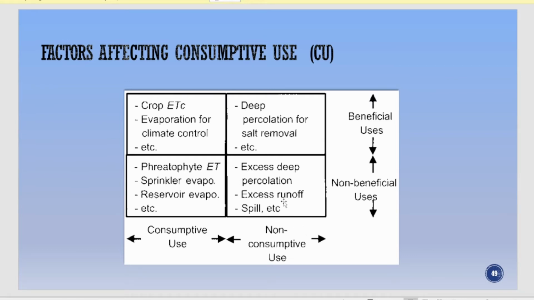Similarly, the excess runoff. In this diagram they are filling in different boxes with the terms of consumptive use, the factors that are affecting the consumptive use. From this bifurcation you will be able to understand what the factors are and how they influence in their various capabilities.